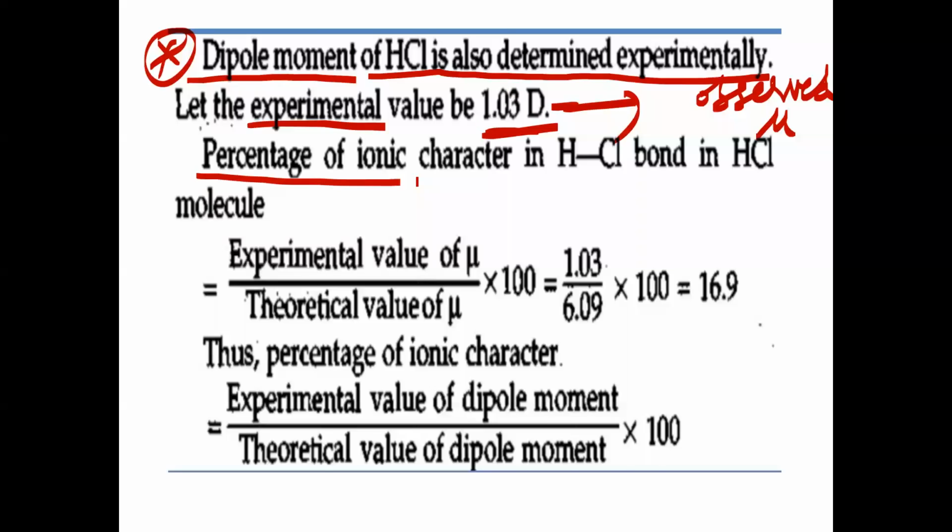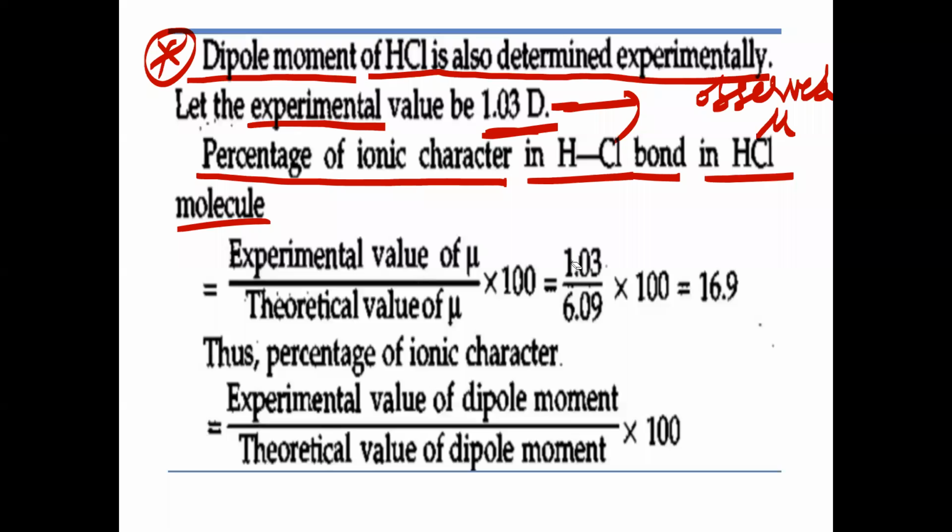Now the percentage of ionic character in the HCl molecule is equal to experimental value of dipole moment divided by theoretical value of dipole moment into 100. Experimentally, 1.03 Debye is given, and theoretically we got 6.09.